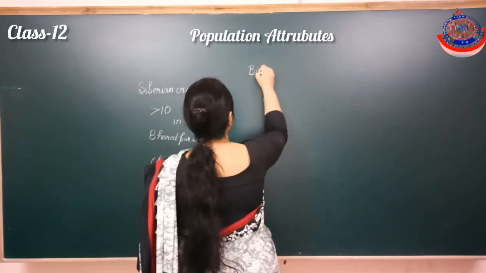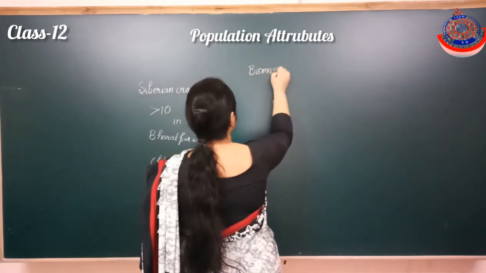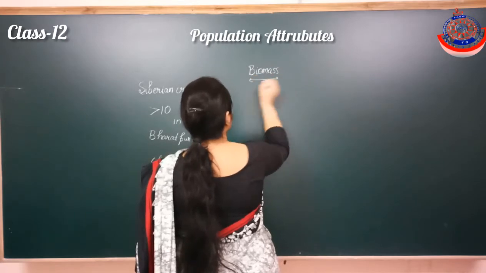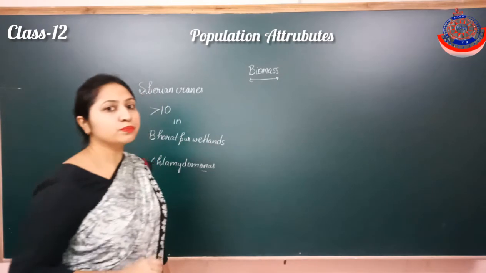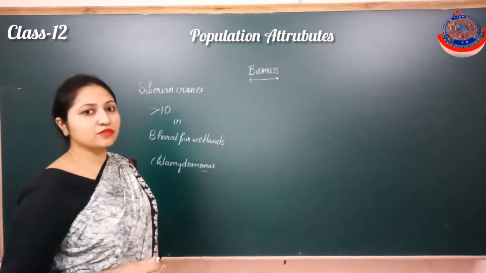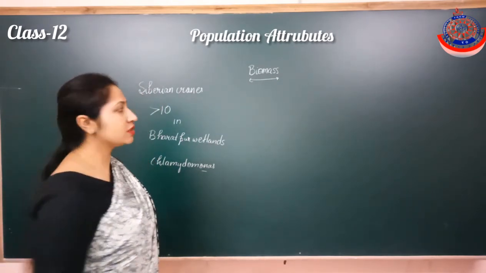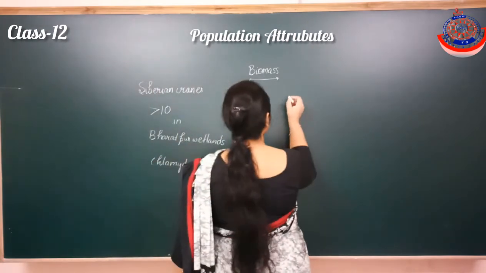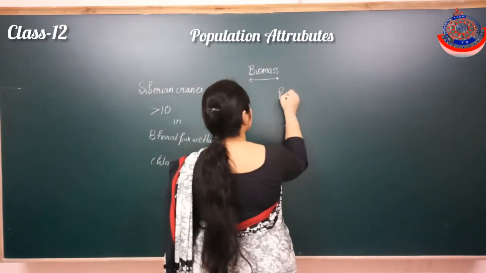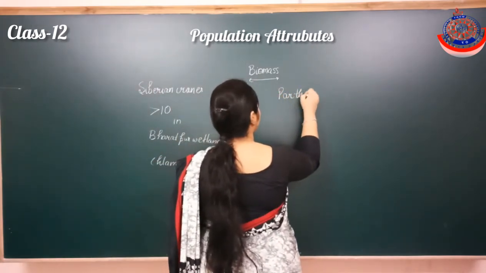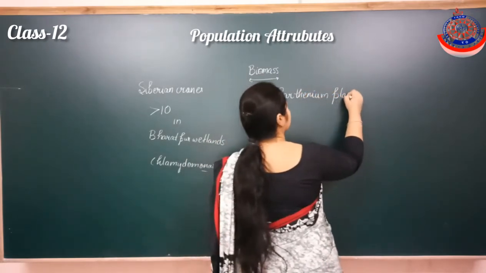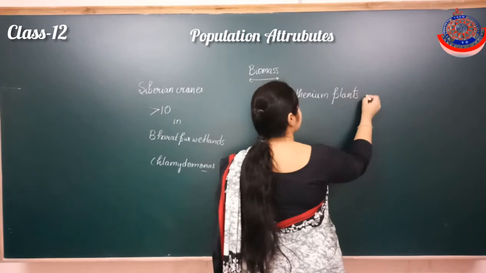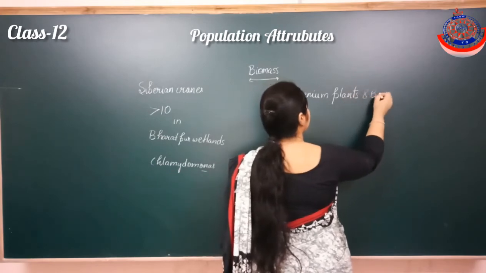One, that is biomass. Now what are the examples where we have to calculate the biomass for determining the population density? Let's take an example of the Parthenium plants and banyan tree.